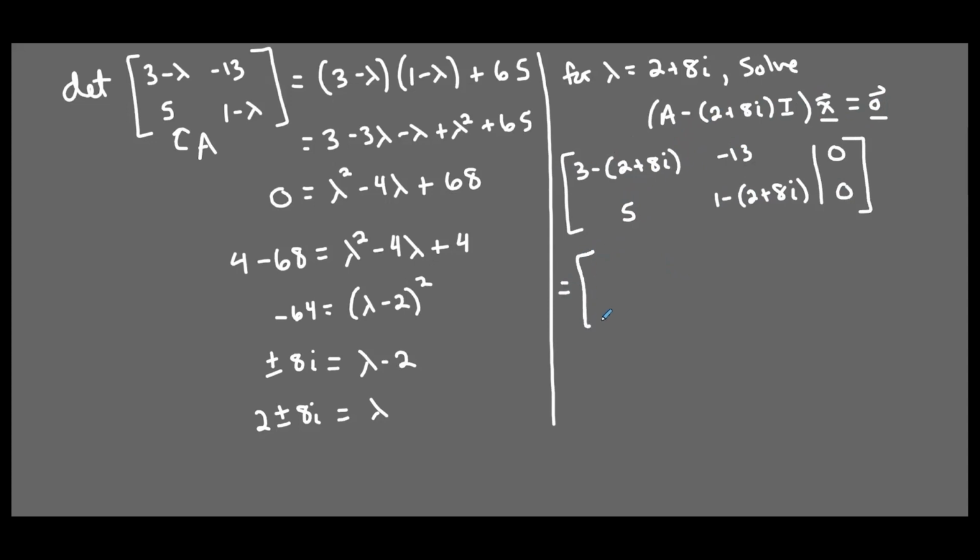So just a little simplification here. So 3 minus 2 is 1. So I get 1 minus 8i. Then 1 minus 2 would be negative 1. And then minus 8i.